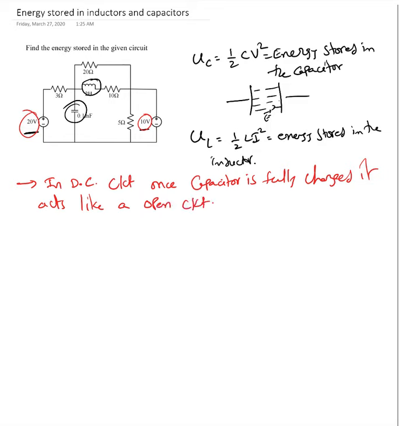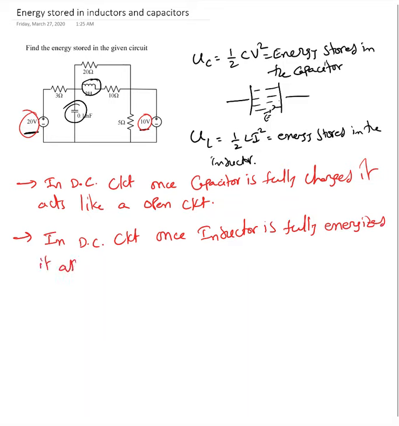So in steady state, the capacitor acts like an open circuit, and in a DC circuit, once the inductor is fully energized, it acts like a closed circuit, or short circuit.